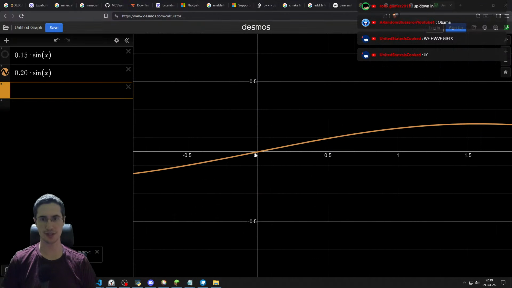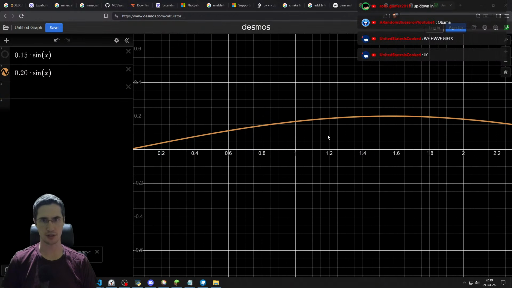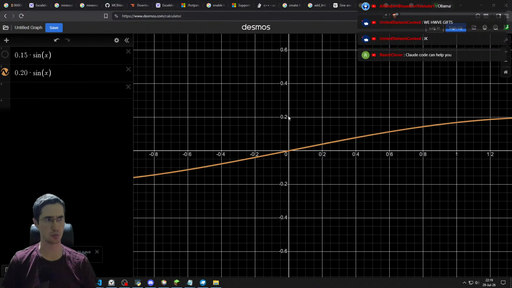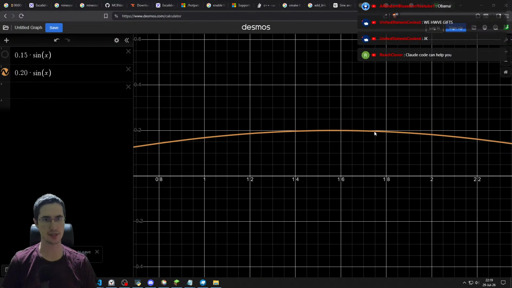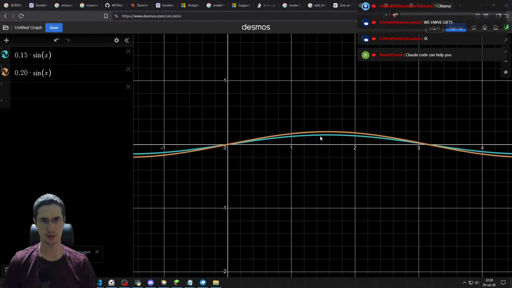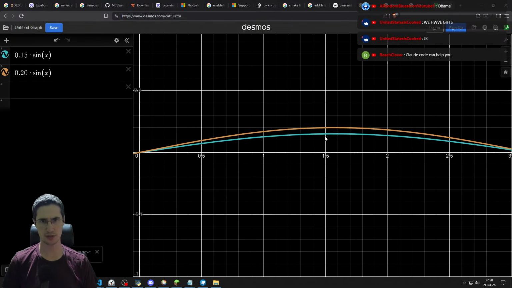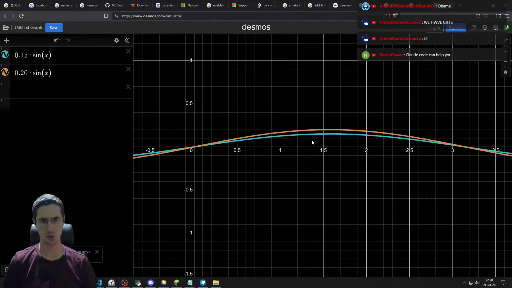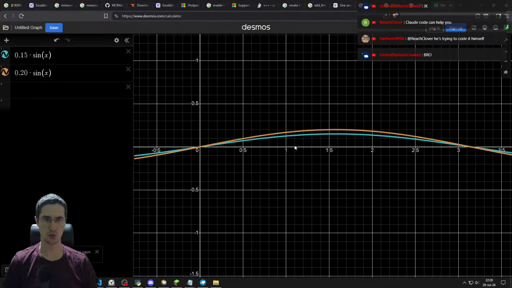So 0 is the hand stays in place. And at 1, oh, this is 0.2. So it's between minus 0.2 and plus 0.2. At 0.2, it's upward. But at this point, they should be synced, chat.